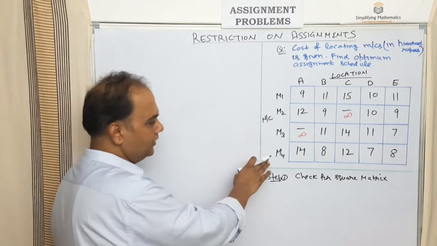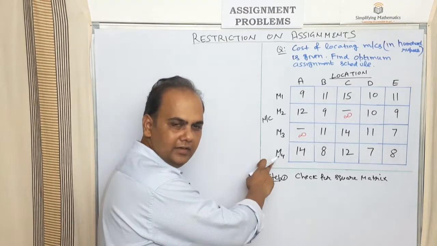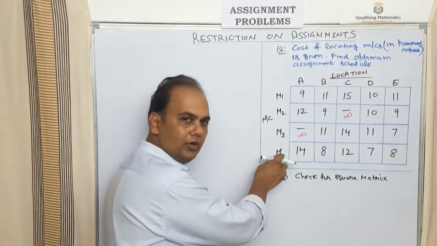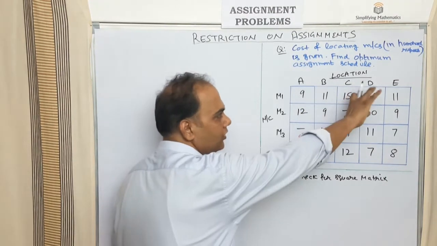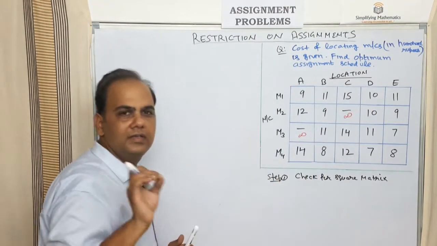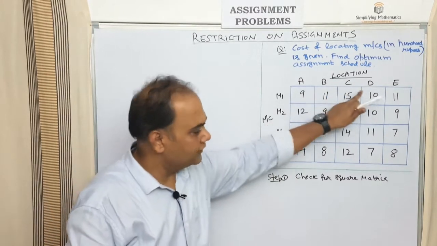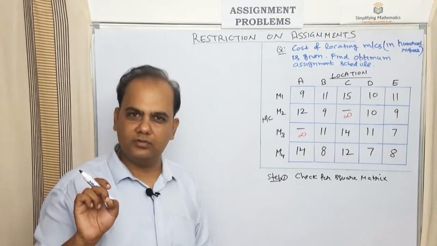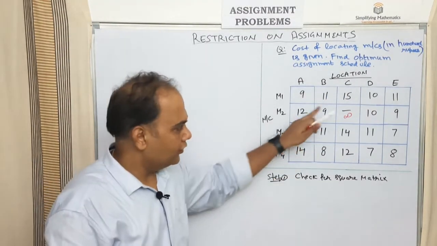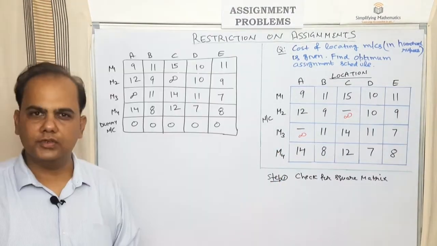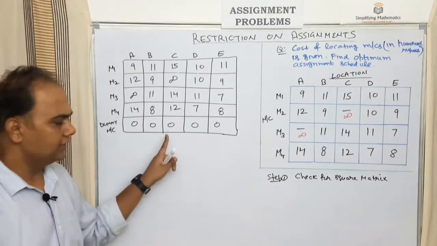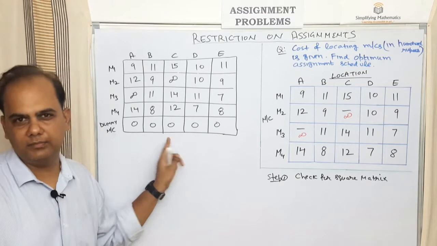So we'll add a dummy machine whose cost of location at all these locations will be 0. If you locate the dummy machine at any of these locations, the cost will be 0, so it won't affect our final solution. Now we have converted the problem into a square matrix.